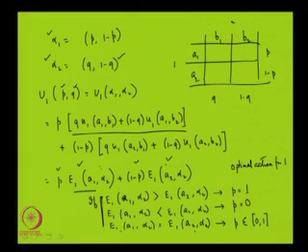Now, let us look at this part. From this part it seems that player 1 attaches positive probability to both his actions only in this case. In the other cases, one of the action is having a probability 0 and the other action is getting the probability 1. Only in this case, a particular player, it might be player 2 also, is attaching positive probabilities to both of his actions.